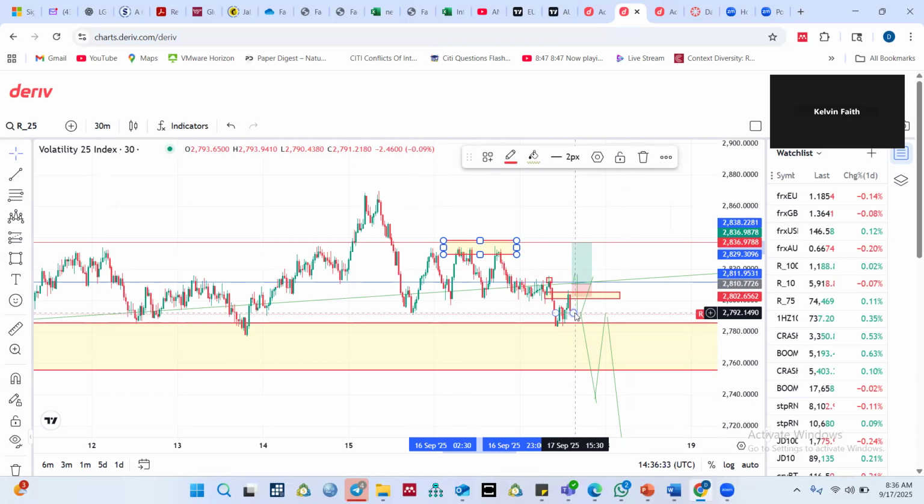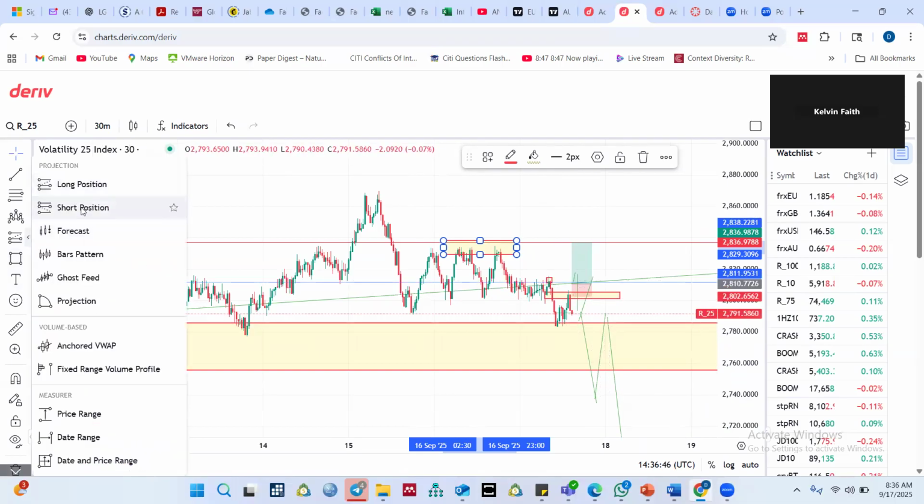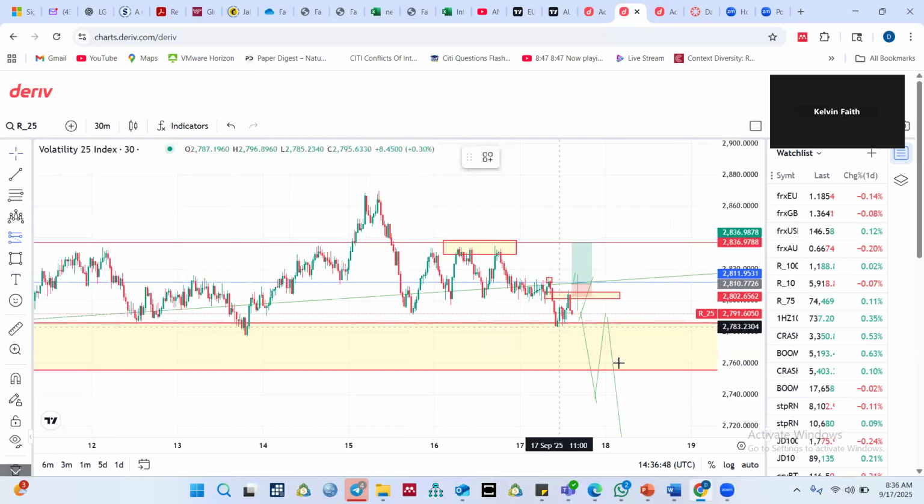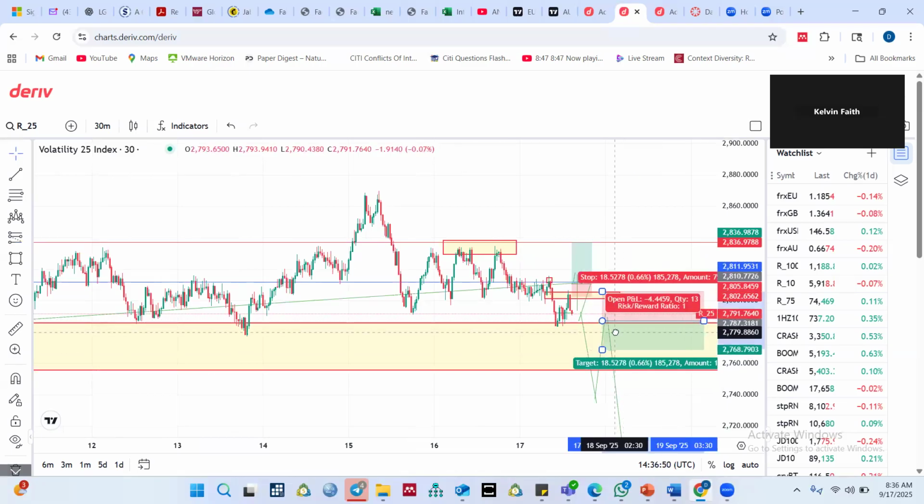Probably I will do a sell if price continues to sell and breaks this whole area and pushes back into it for a retest. Then I'm going to be looking to sell from this area.